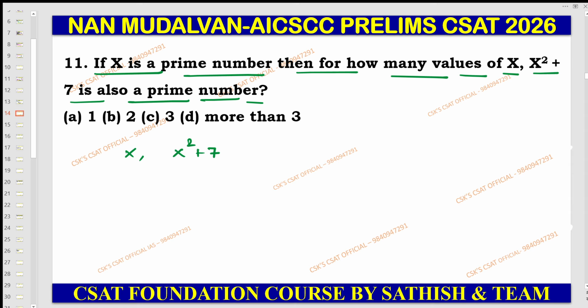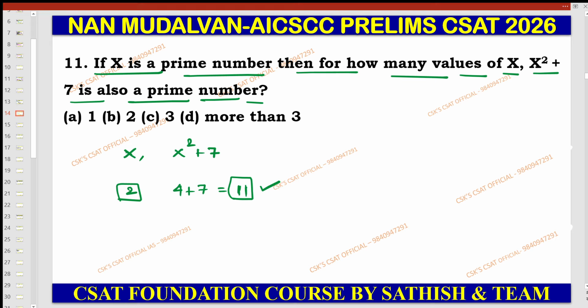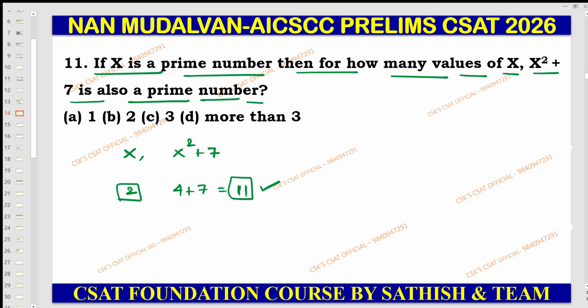Suppose you take x is equal to 2, then 4 plus 7 becomes 11. This is also a prime number. So if you take any other value for x, surely it's not going to be prime. So only one value.